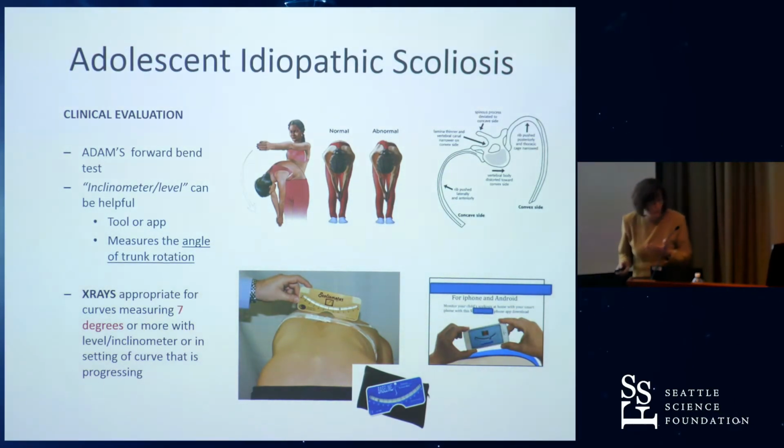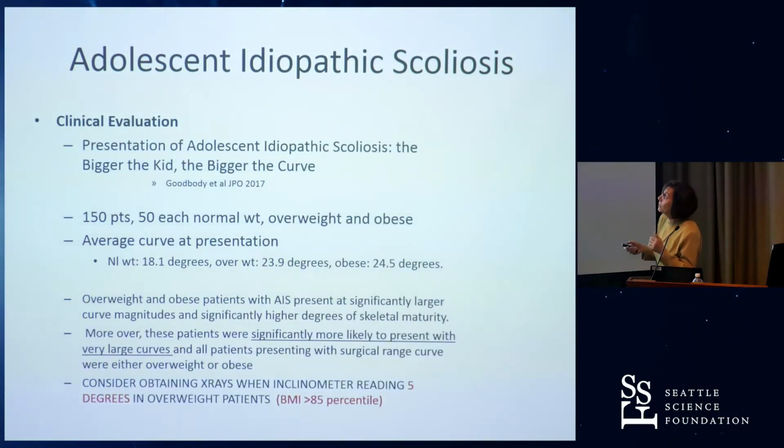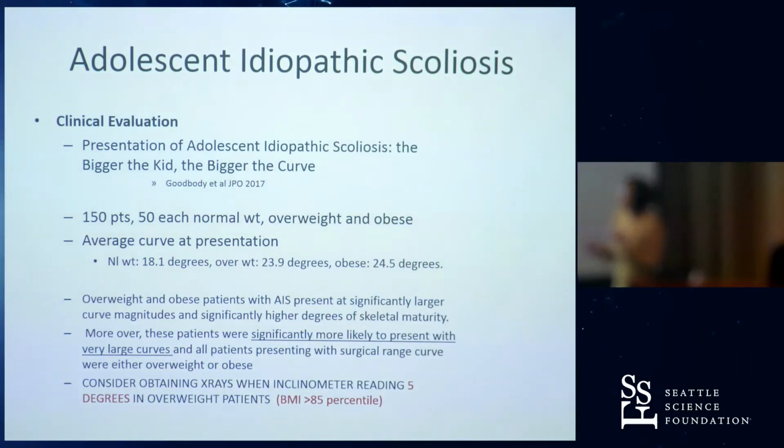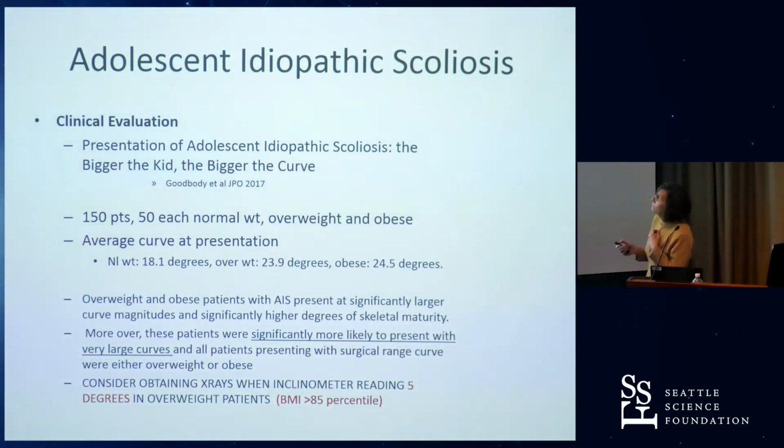One of the things that I really enjoyed about preparing for this lecture was reviewing some things and coming upon a paper from 2017 that I hadn't seen when it came out, but I think is really important. I like the title, "The Bigger the Kid, the Bigger the Curve."